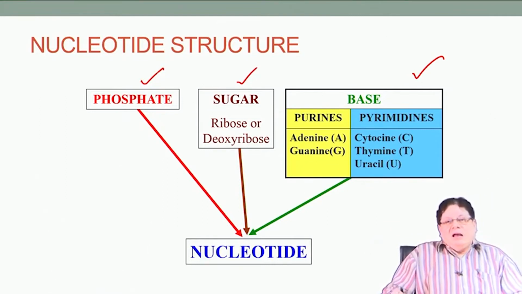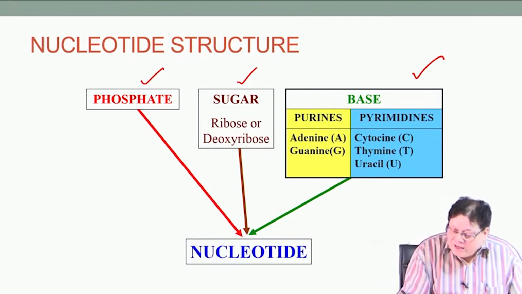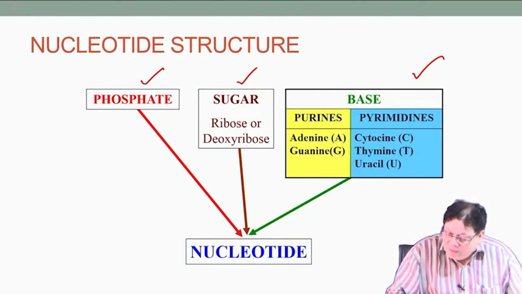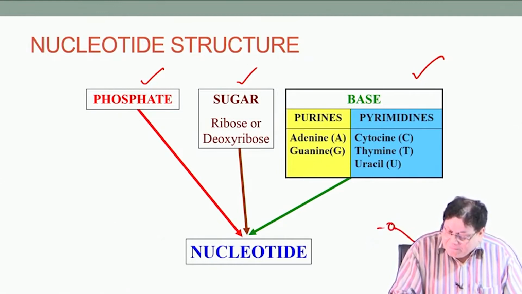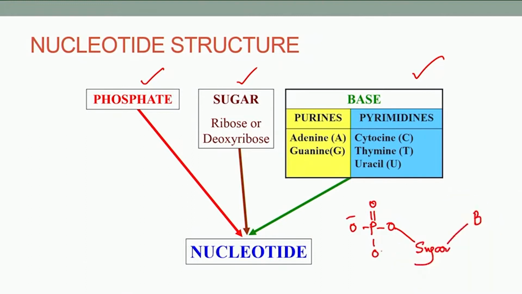That is what makes a nucleotide. So, for the nucleotide I can write that you have a sugar, you have a base and you have a phosphate. So, this is a nucleotide.